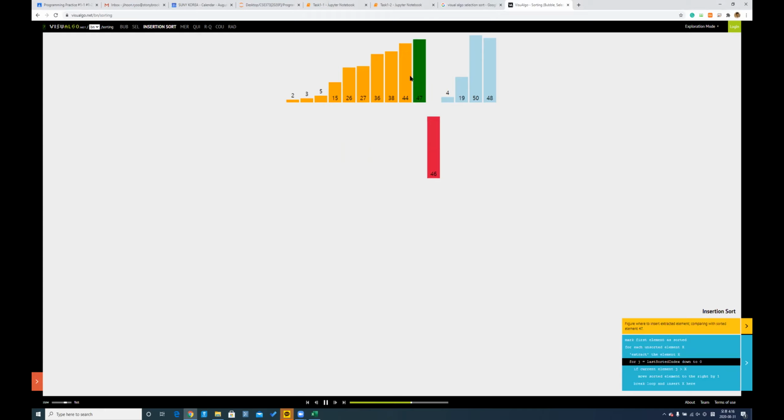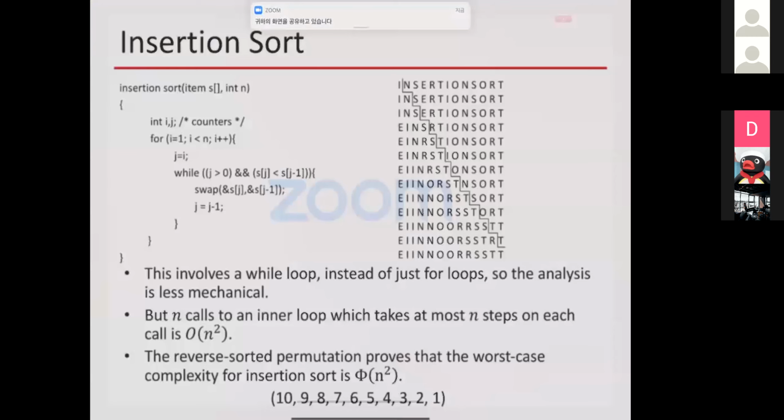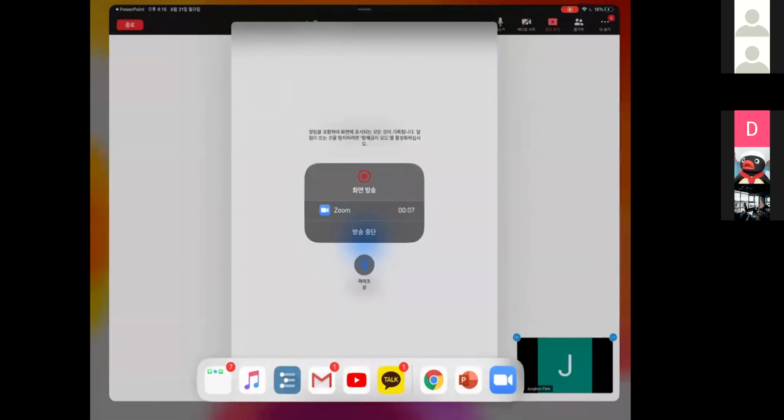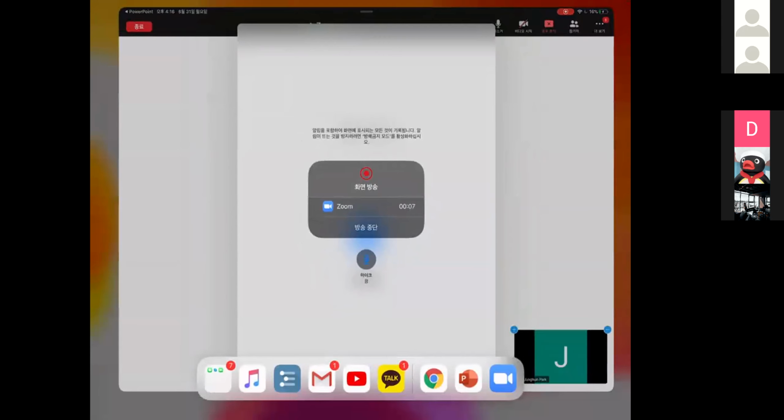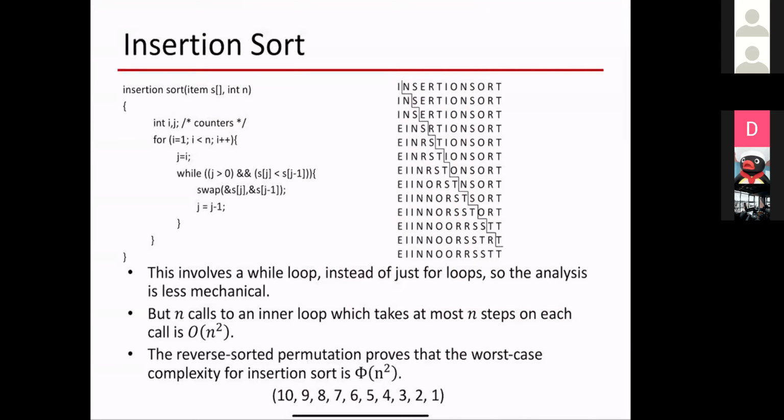So now we understand what insertion sort is. Okay, so insertion sort. You know how to do this insertion sort now.